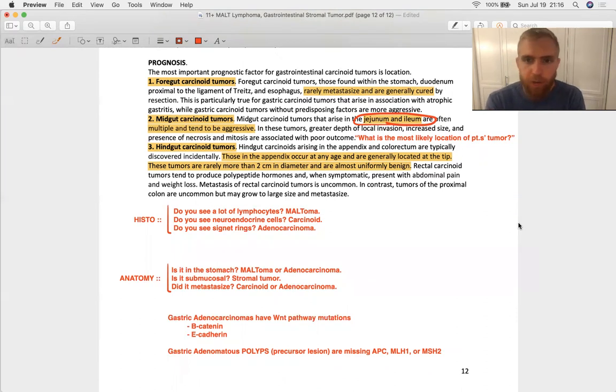So you're not going to see a carcinoid syndrome question from a foregut carcinoid tumor. Likewise, it's not going to be a carcinoid syndrome question like what's the most likely complication of a carcinoid tumor in the appendix. It's going to be something like diverticulitis, you know, or like obstruction.